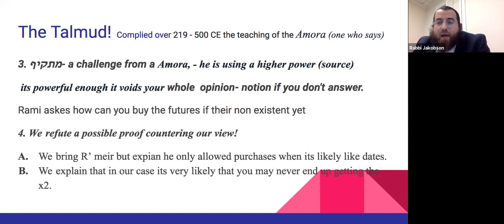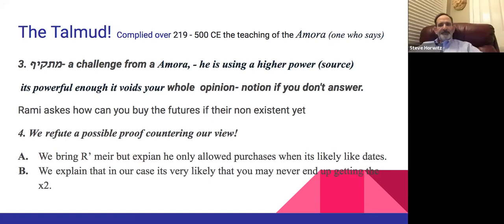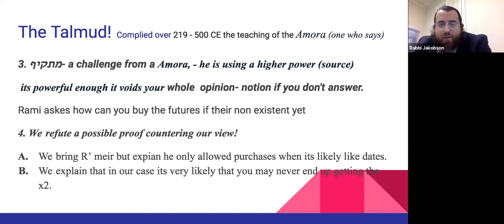And we bring from the source that one can't buy something that doesn't exist yet. That's how our Talmud took it. Do we have a question? No. So that was our third step of our Talmud.